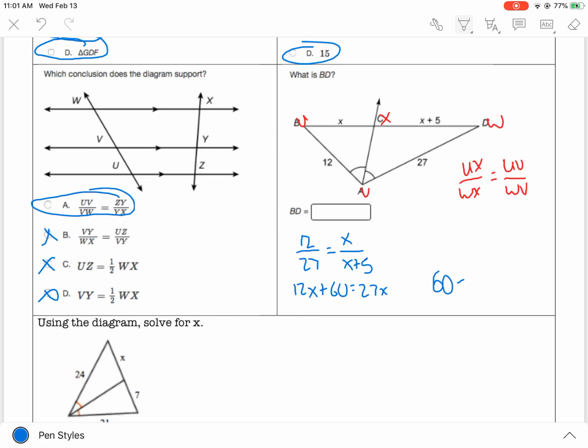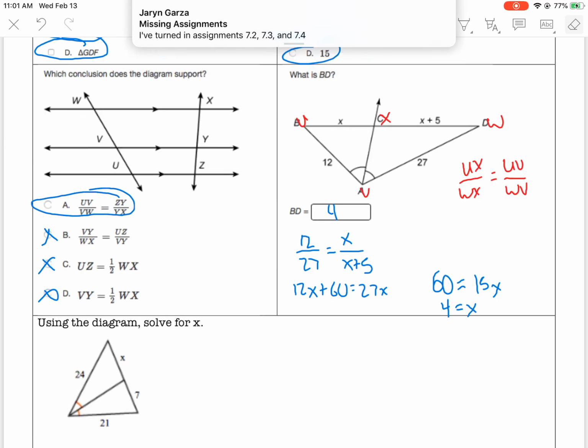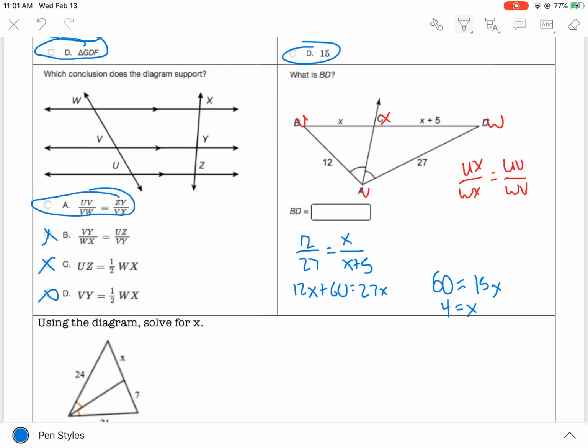And 60 is equal to 15x. 4 is equal to x? Yeah, totally. 4 is x, but that is not BD. BD is the entire length, so 4 plus 9 would be 13.